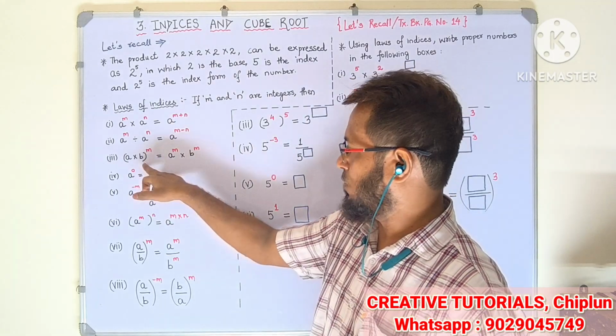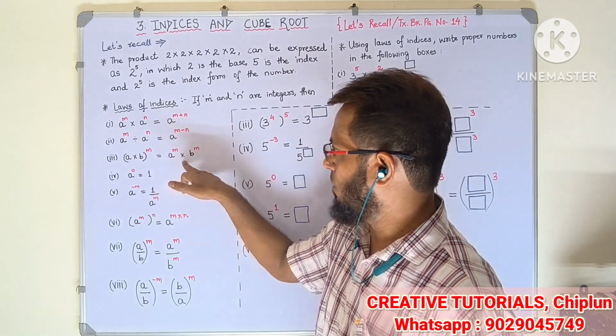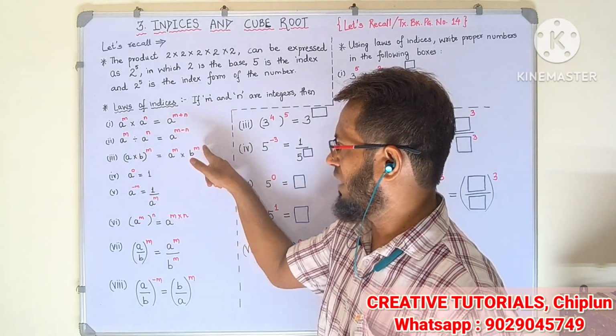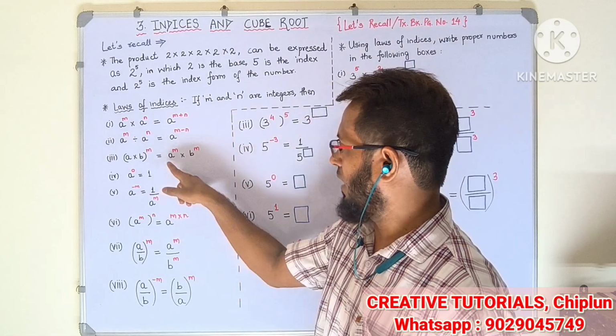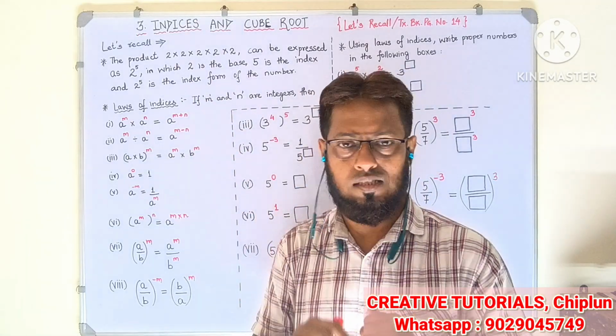As per that rule, it becomes a raised to m multiplied by b raised to m. So this index m goes with a as well as b, with the multiplication sign remaining as it is.